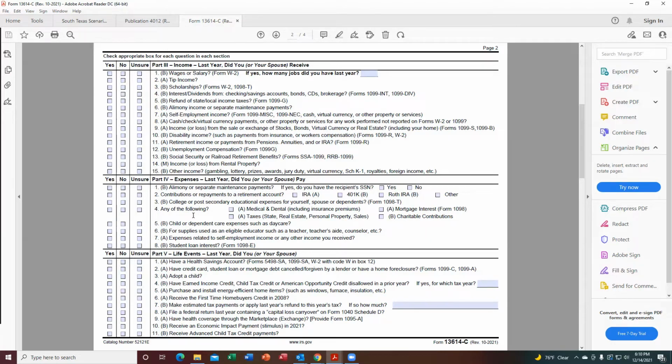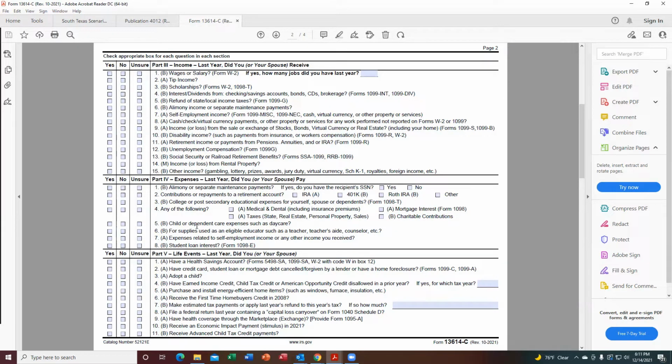Even though you don't itemize, if the person does not itemize, they're still able to deduct $300 if it's a single taxpayer, or if it's a joint return, $300 a piece that they're able to deduct. Again, these are for the ones that are not itemizing, they're able to deduct that as well.